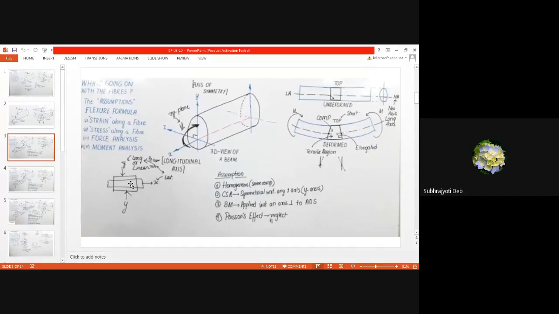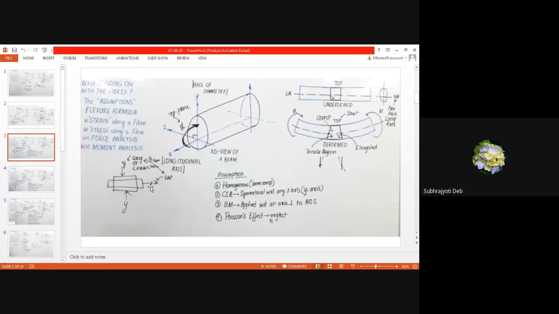So I was talking about Poisson's effect. This thing you already know. What is Poisson's effect? See, if this is a beam, this is the original sheet, with x and y dimensions. Now, if you extend this with respect to the x-axis, in the x direction, what happens?